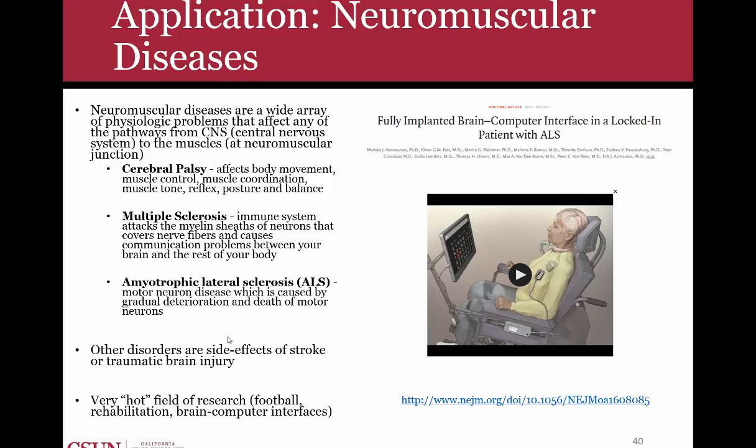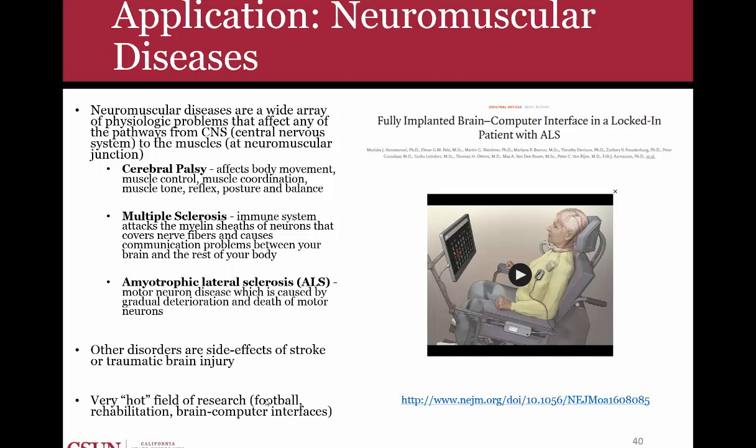For instance, in ALS, the motor neuron that innervates the muscle is dying, and there's a deterioration in that motor neuron. So these people lose a lot of their movement function because their motor neurons are not working. We can bypass that by interfacing with the central nervous system and then stimulating with some stimulators to regain some function. This is a very hot field of research.